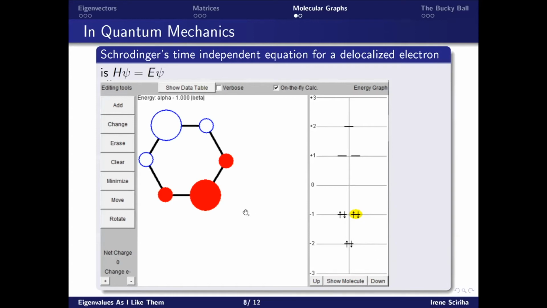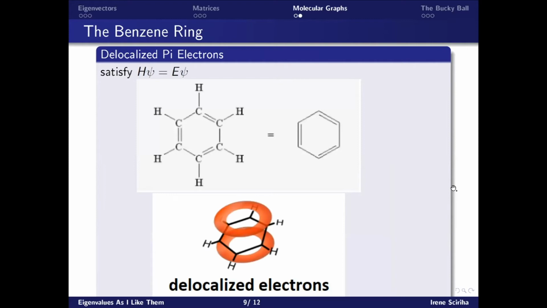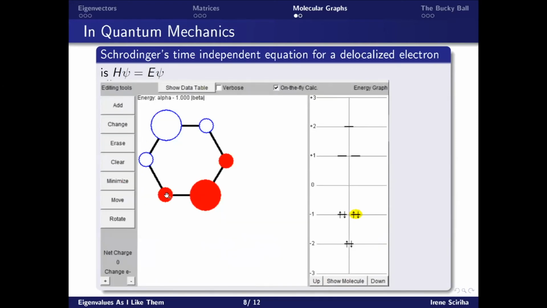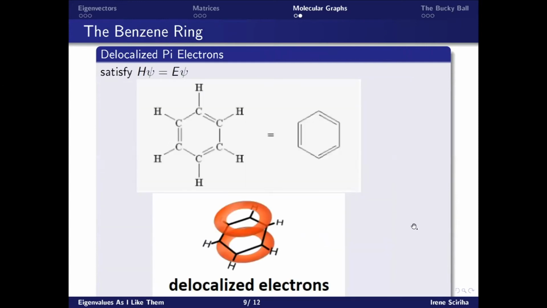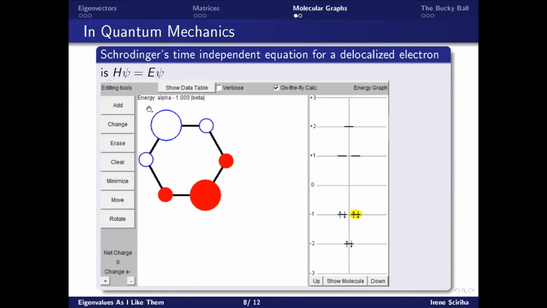That's how the chemists look at it. Okay, so what you're seeing here are the charges over here. When we look at that electron, over here and here, the charges are twice as much as on the other side.